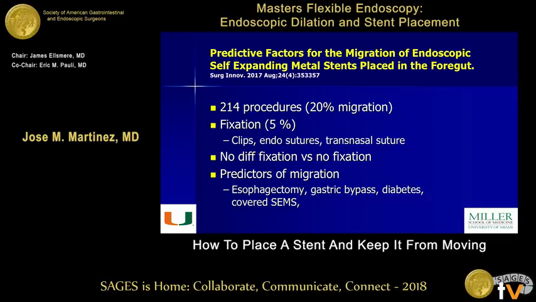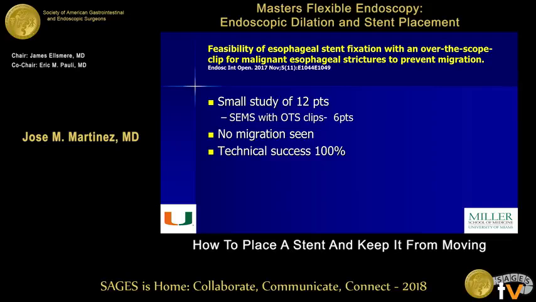In this study, there was no significant difference whether they used any sort of fixation device or not. But they also predicted certain prognostic factors for migration: benign disease, which is what we would expect, esophagectomy, gastric bypass, diabetes, and using a covered self-expanding metal stent.